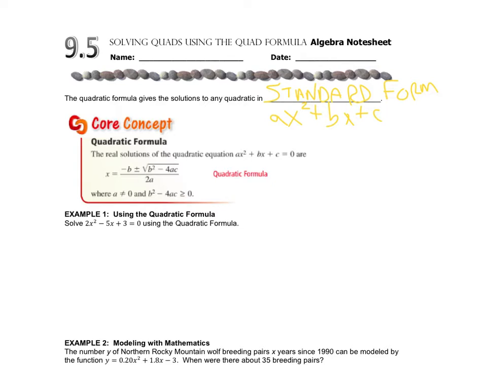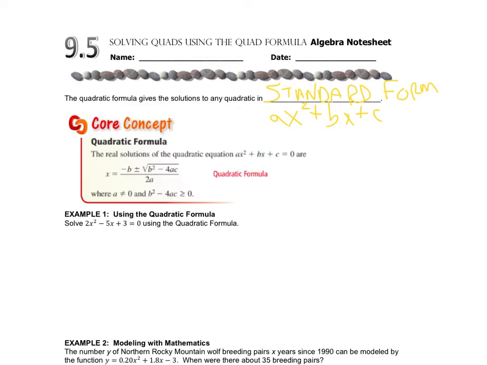So let's talk about this quadratic formula. Here we have the quadratic formula equation. Looking at this thing, it looks crazy. There's an awful lot going on in here, but what I want you to notice is that once we have this standard form, we have the a in front of the x squared, the b in front of the x, and then the c, remember, is always the constant that sits by itself.